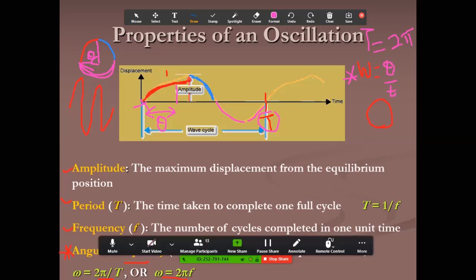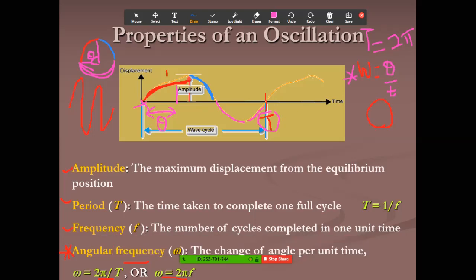Other than that, it's similar to angular velocity, same equation and everything. So if an oscillation has a period of T, what is omega going to be? You still use 2 pi over T, like your angular velocity.